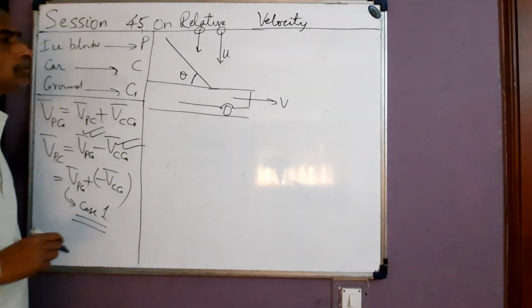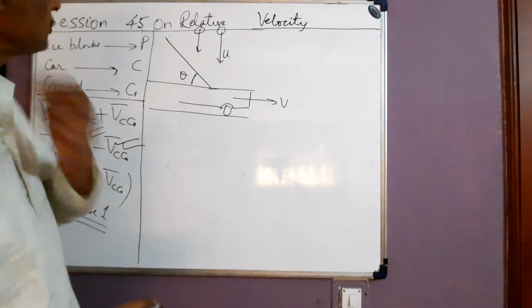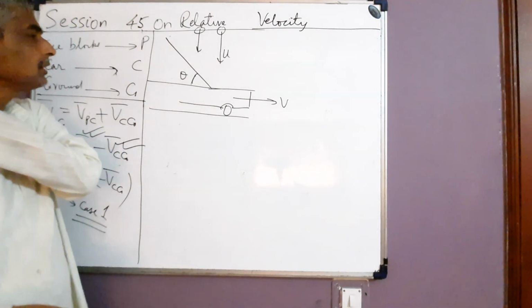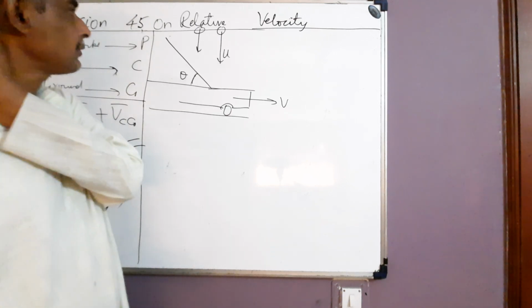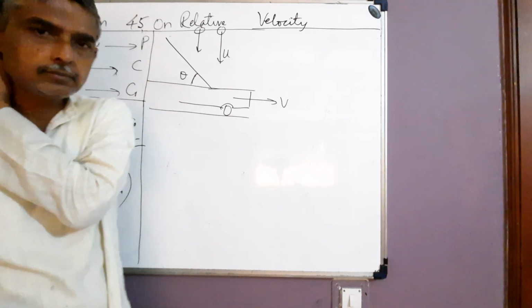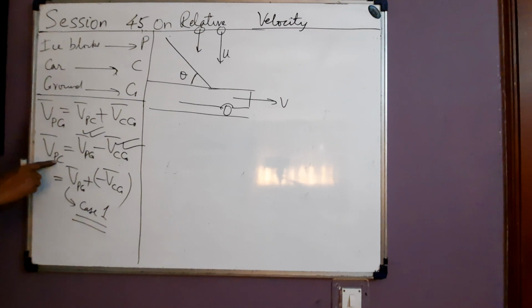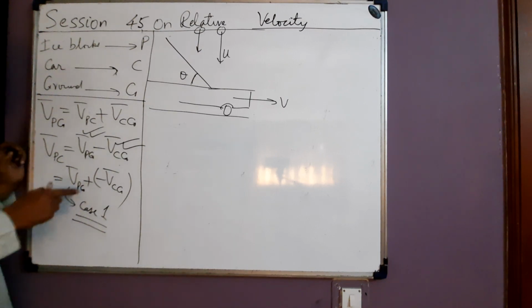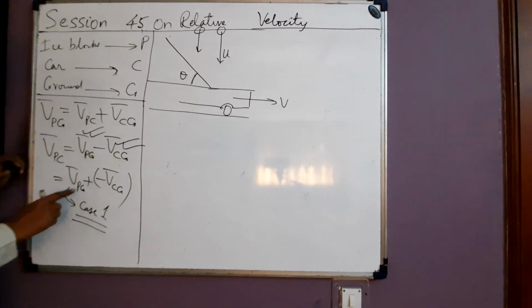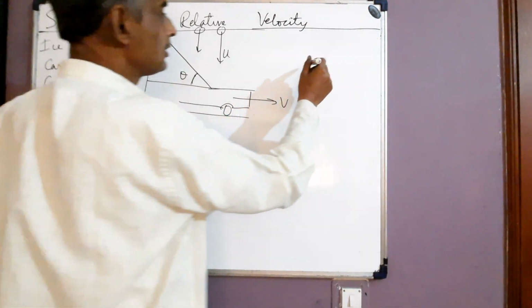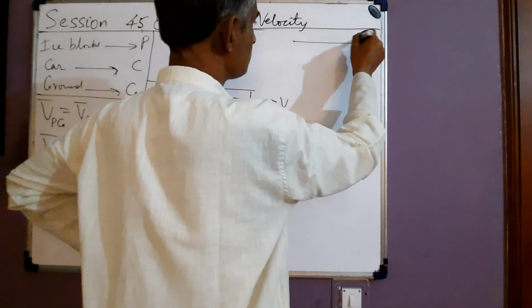Now first of all, we find the direction of motion of the ice block as seen by an observer in the car. That is, we find the direction of the vector VPC, velocity of ice block with respect to car. So VPG and minus VCG.